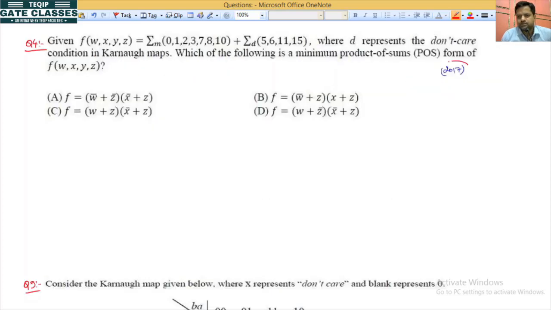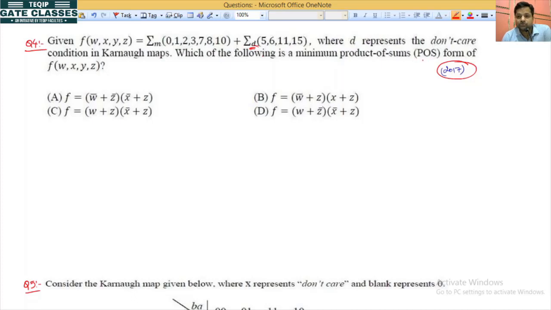This question was asked in 2017. A function f is given in sum of min terms and don't care is also there. Which of the following is a minimum product of sum? Remember this.